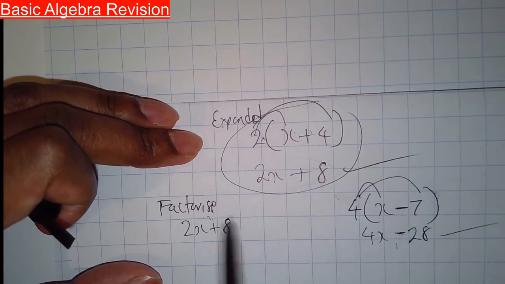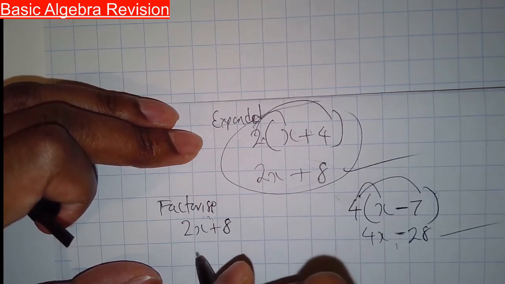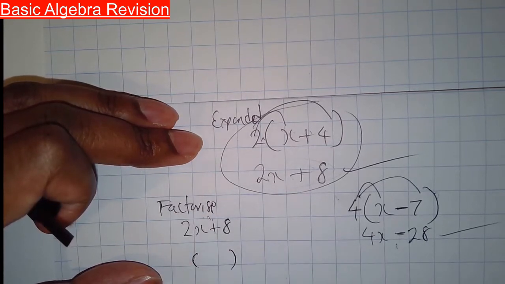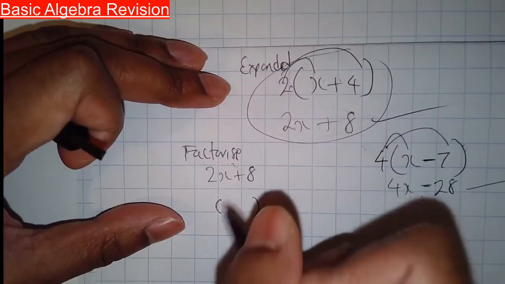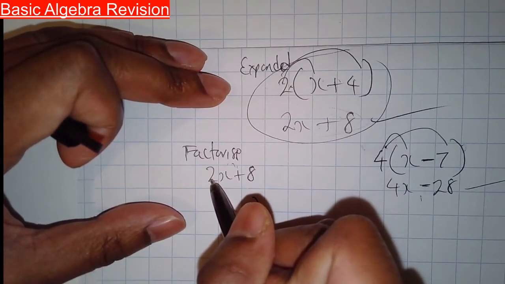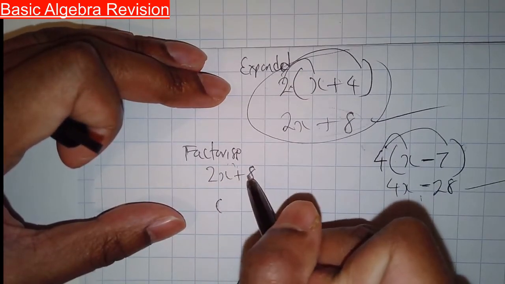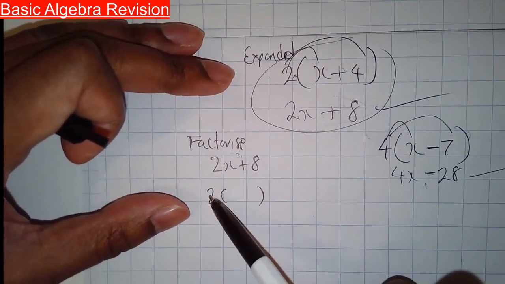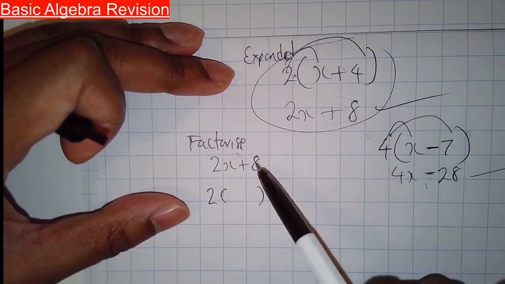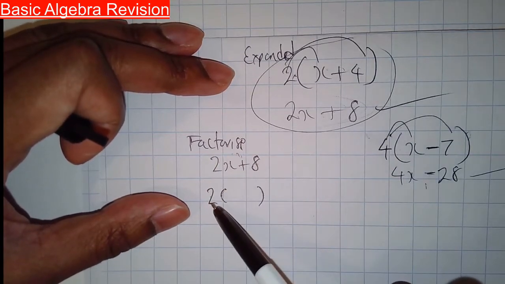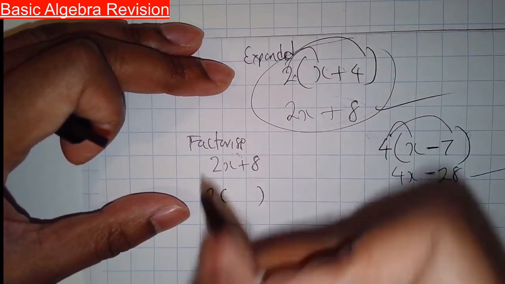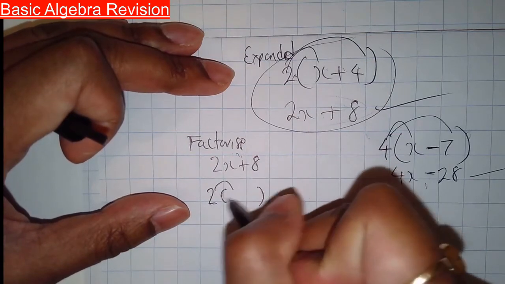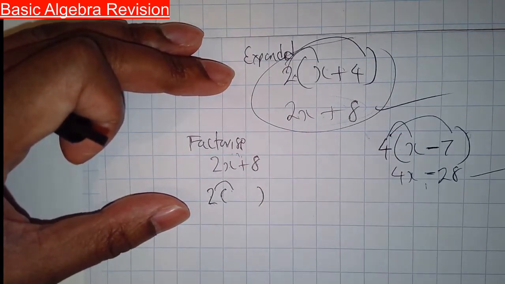So let's factorize this. Factorizing means putting brackets in. What's the biggest number that goes into 2 and 8? It's obviously 2. Check. Is 2 in the 2 times table? Yes. Is 8 also in the 2 times table? Yes. So what you then do is 2 times something to give me 2x.